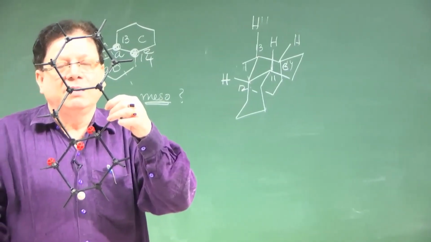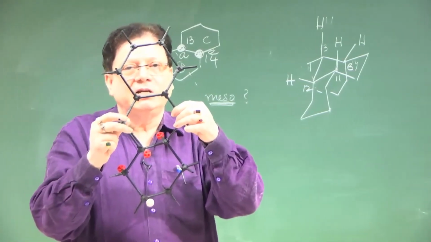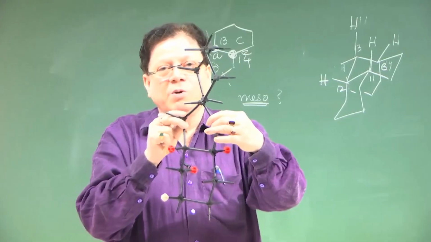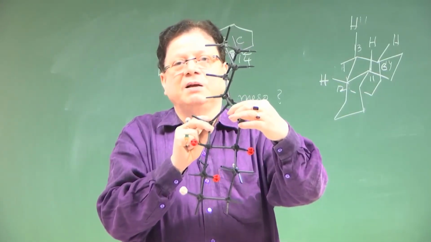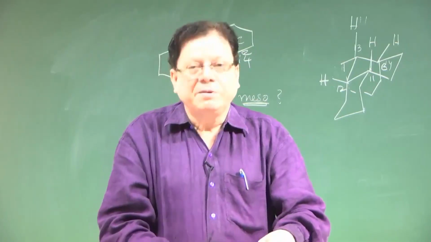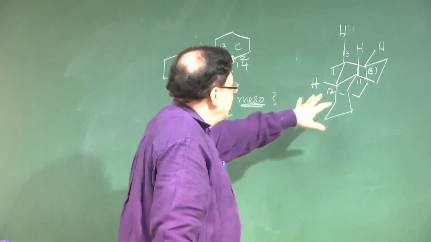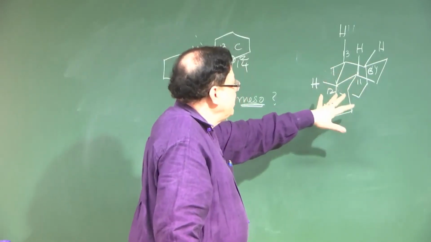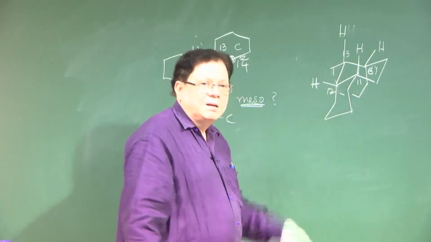Okay. But that does not mean that it is not existing in a chair form, because if it is viewed in this direction, you see that this is actually existing in the chair form. Okay. Sometimes what happens, because of the orientation, it looks like a plane hexagon, but actually this is present in a chair form.